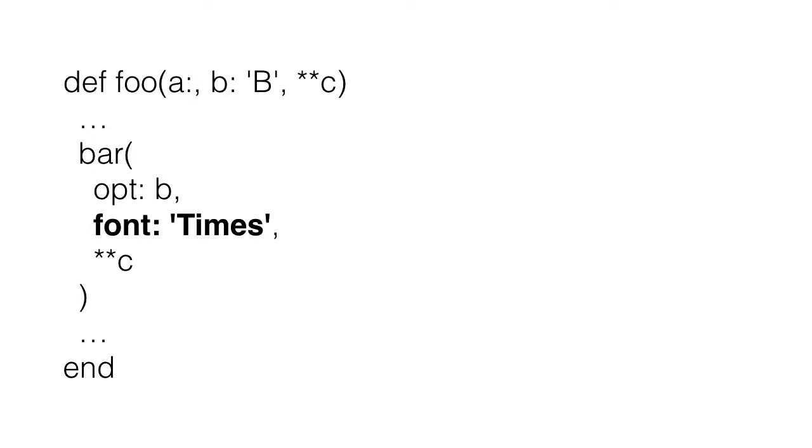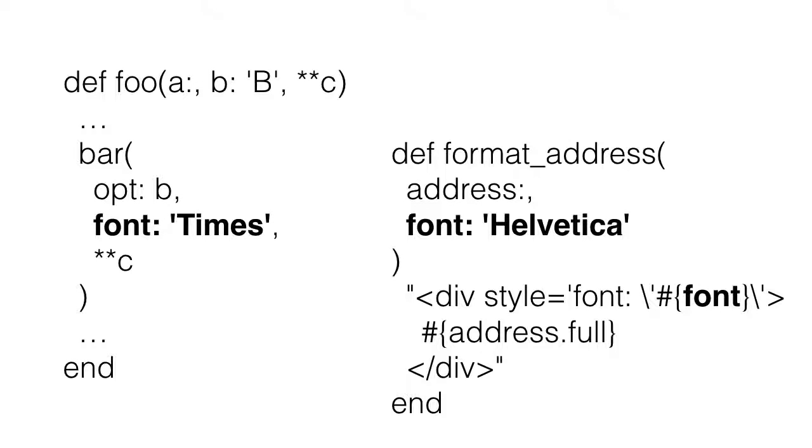So now I can do this. I can change my format address function, add a new argument to it, and inject it somewhere like 4 calls away, and I don't have to change anything in between. I don't have to set a global value. I don't have to create some object-oriented state that I have to carry around.